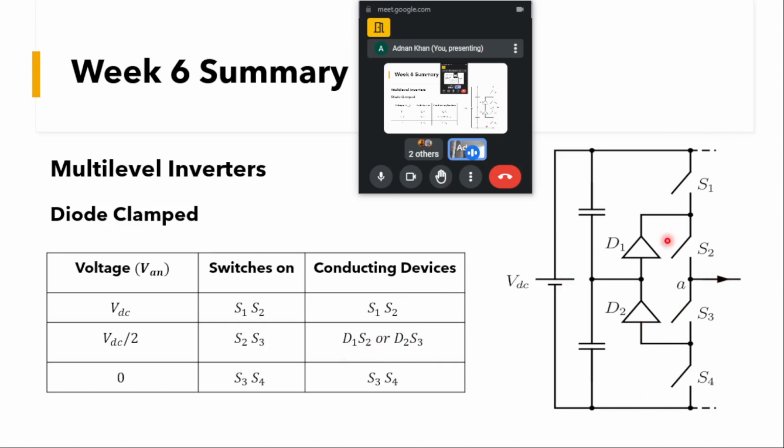Because of this circuitry, we were able to generate three levels: 0, VDC by 2, and VDC. But to generate three levels, we need two more switches, two diodes, and two capacitors. This increases the complexity a lot in these topologies, but what we get is an improvement in the harmonics, which are reduced in this topology.